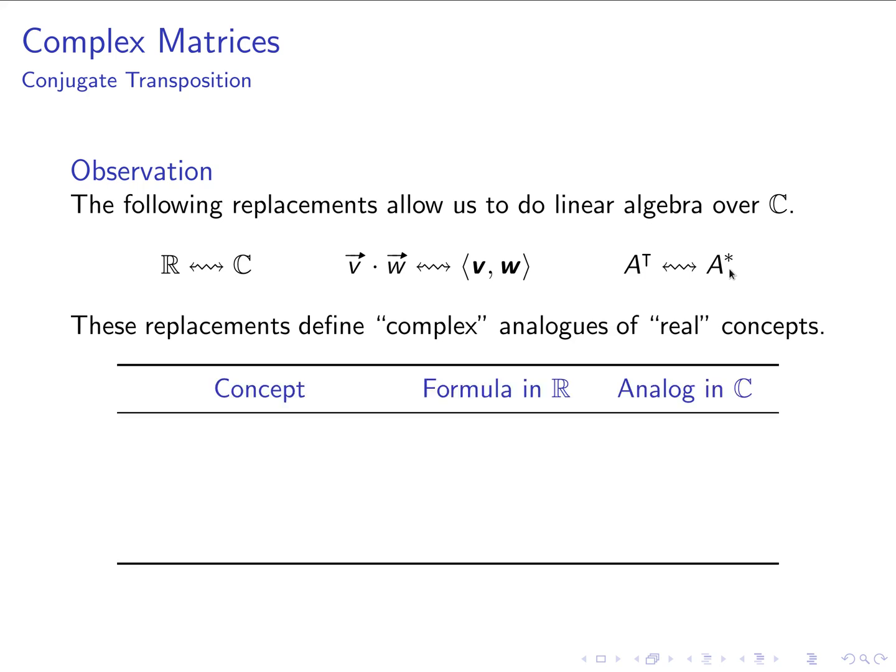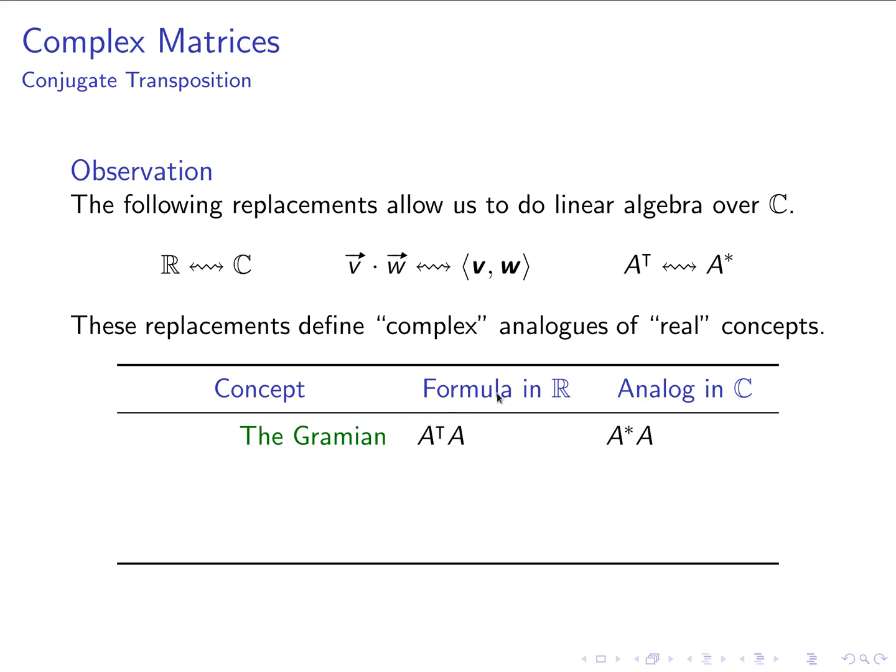So here we have a table of concepts where we will list a concept along with its formula in the world of real numbers, and then we'll state the analog in the world of complex numbers. One of the fundamental constructions we've worked with is the Gramian of a matrix. The Gramian shows up in a whole bunch of our formulas, namely projections and least squares.